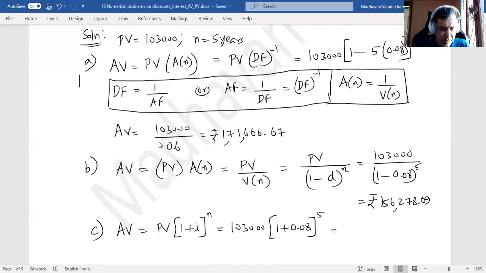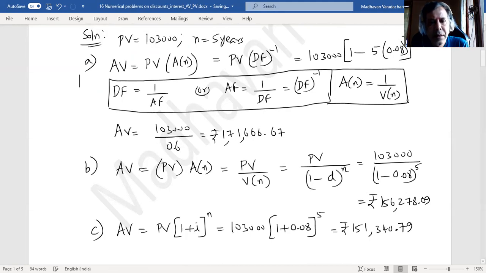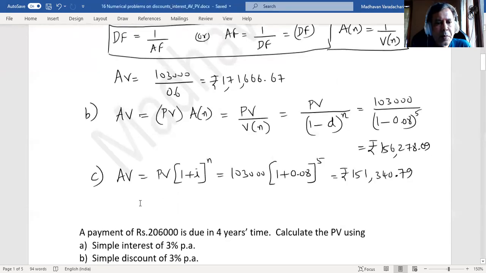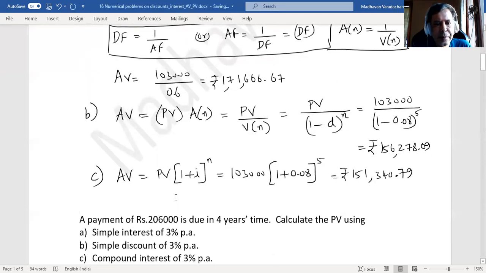So 1.08 to the power of 5, and the result has to be multiplied by 1,03,000. We get rupees 151,340.7. That is the third question's result. Let us proceed to the next question.